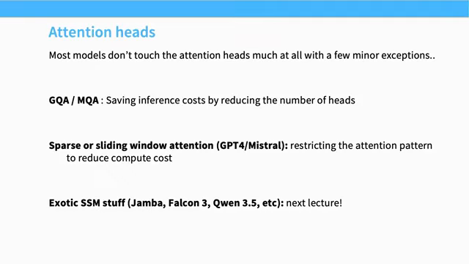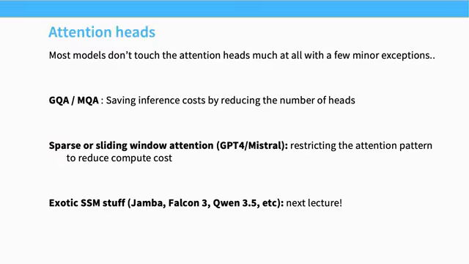All right, the last thing I want to talk about today is various interventions that you can make to your attention head. As I was saying at the beginning of this lecture, I'm only going to talk about the things you can do to dense all-by-all attention today. So if you were interested in hearing about state space models or linear time attention, sadly today is not the day for you.